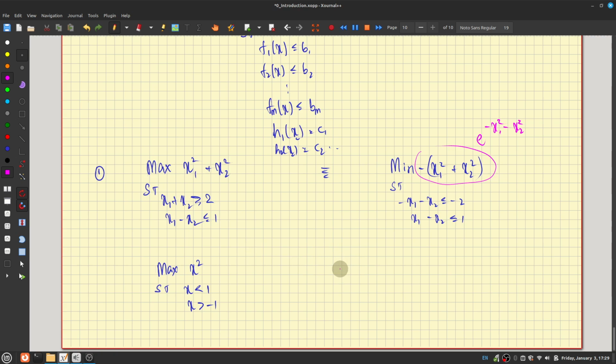Let's take one inequality constraint, which is x less than 1. Can I formulate this? So this basically defines a set, right? Set of all x for which x is strictly less than 1. Can I formulate this in terms of inequality constraints? So one solution was, I think, x plus epsilon is less than or equal to 1. Is that what you were suggesting? So what would be the constraint on epsilon?